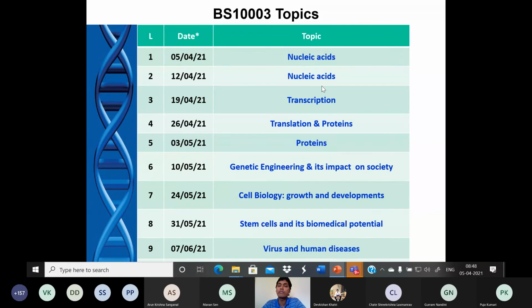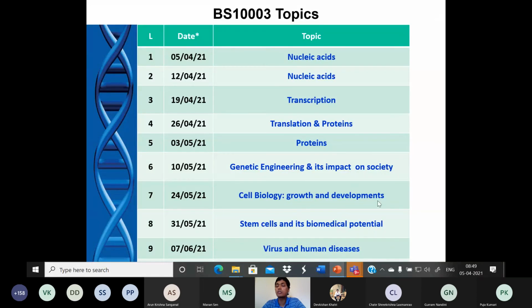After you learn about these biological macromolecules nicely, we will discuss what a cell is, what a living system is, how those macromolecules are coordinated, how they function inside the cell, and how they make a living organism, right? The growth and development, and particularly stem cells and their biomedical potential.